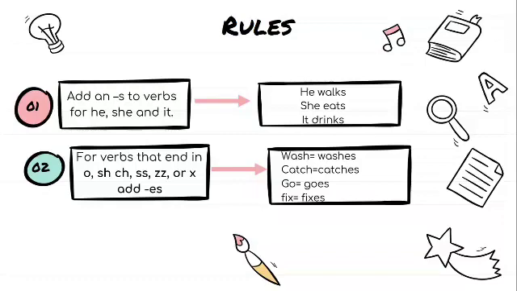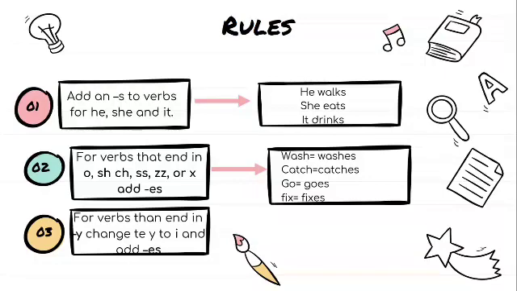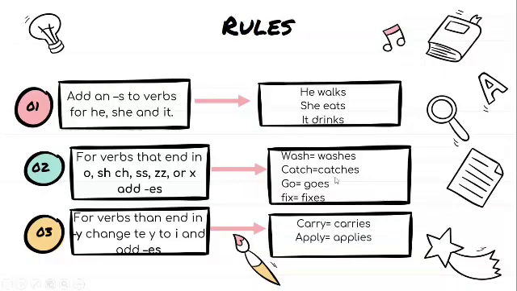Okay, now here in the number 3, we have for verbs that end in Y, change the Y to I and add ES. Okay, so we are going to see some examples. So if you see here, we have carry.